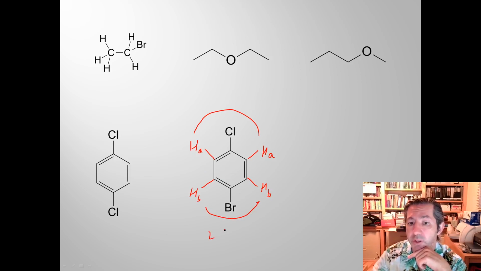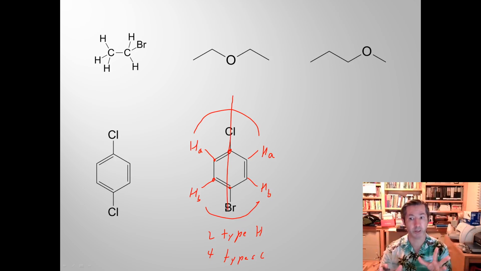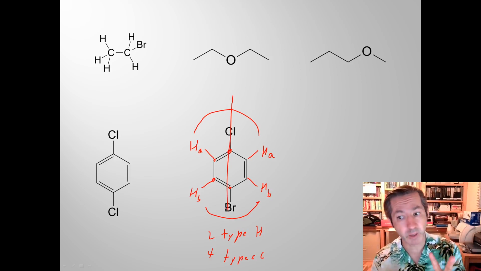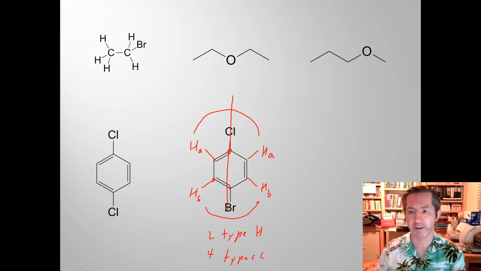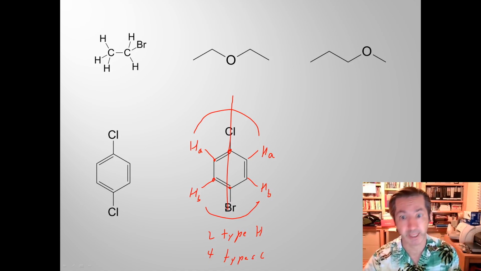So now we have 2 types of hydrogen, and we have 1, 2, 3, 4 types of carbon. Remember, we still have a plane of symmetry running through this molecule. So symmetry is important. The less symmetry you have, the more signals you will have. So that gives you a nice piece of information there.